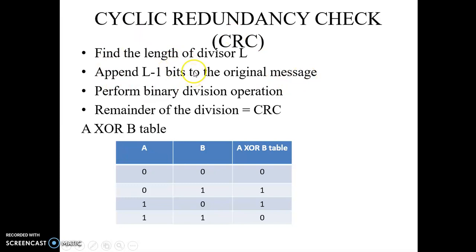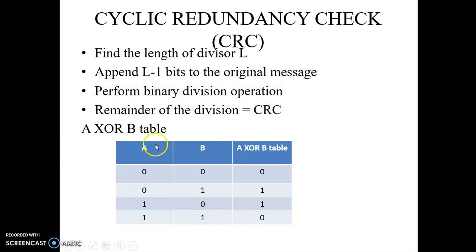What is that L? The length of the divisor is considered as L here. For example, if the divisor length is 4, then 4 minus 1, that is 3 bits, are appended at the end of the original message. Then we perform the binary division operation. The remainder of this division is considered as the CRC.